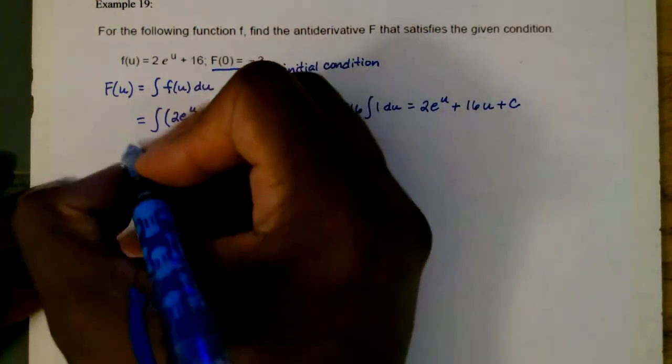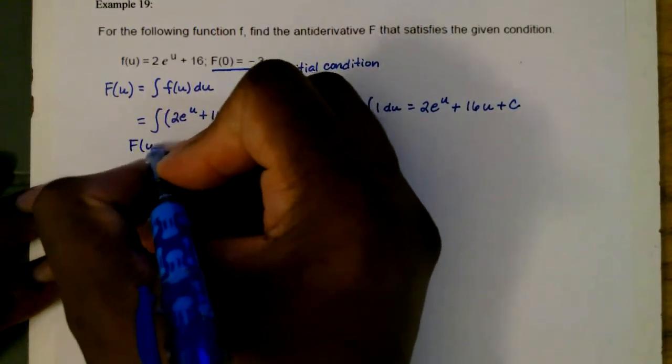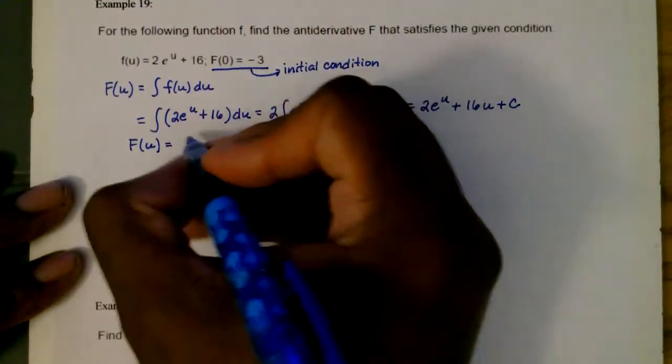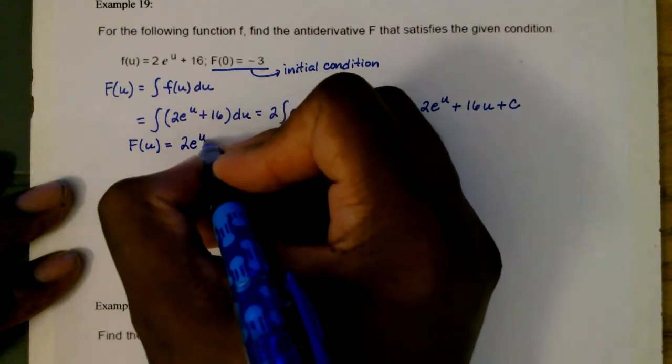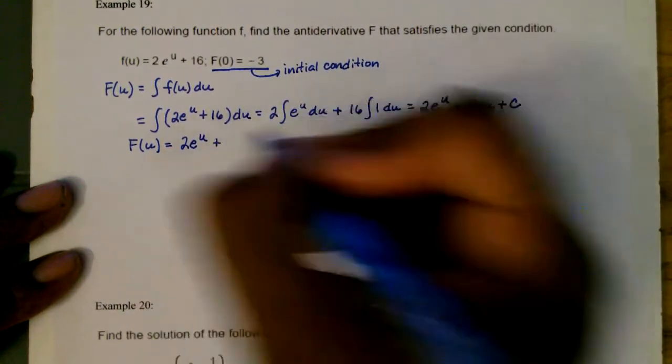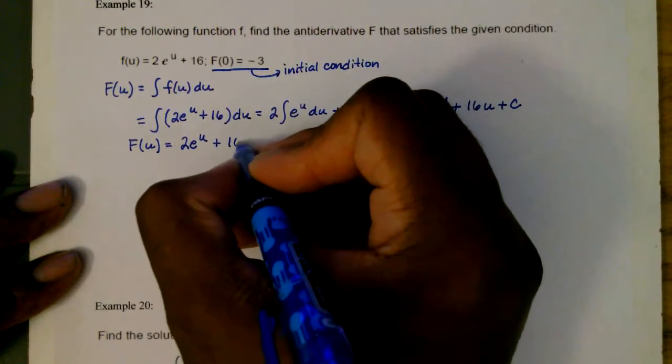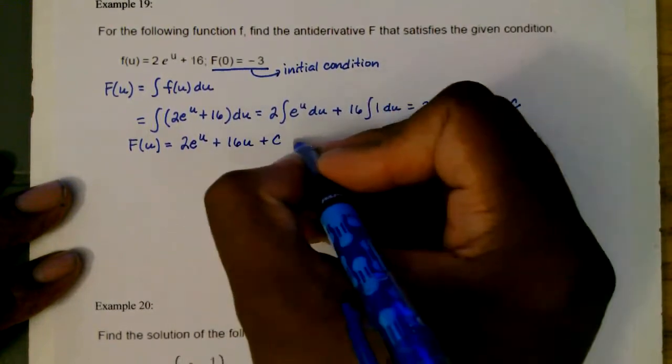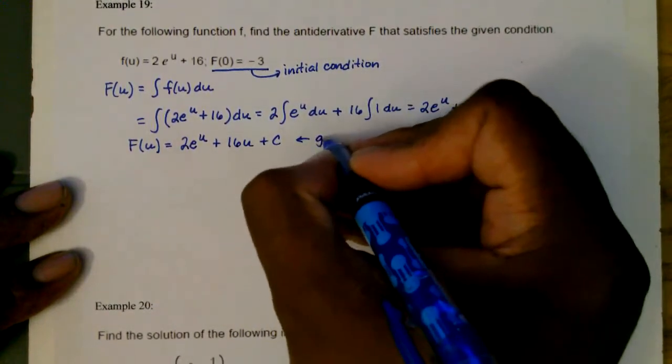So in this case here, f of u will be 2e to the u plus 16u plus c. We call that the general solution.